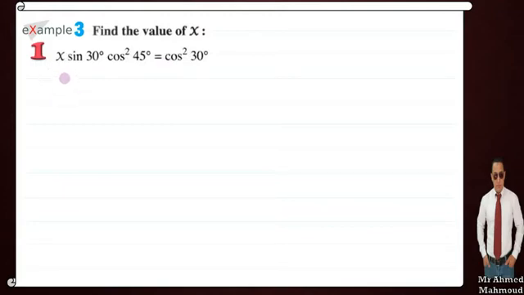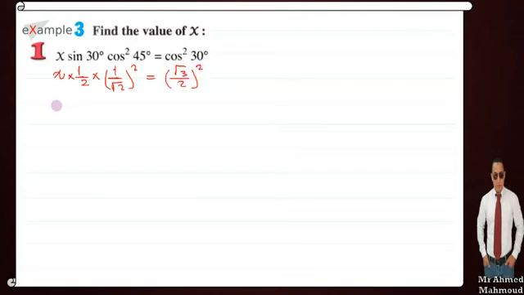Then I will write x times sine 30, which is half, times cosine square 45, which is cosine 45 equals 1 over square root 2, all to the power of 2. This one equals cosine 30, which is root 3 over 2, all to the power of 2.